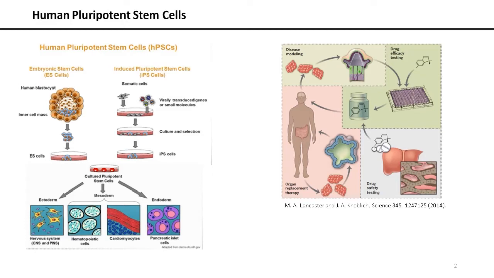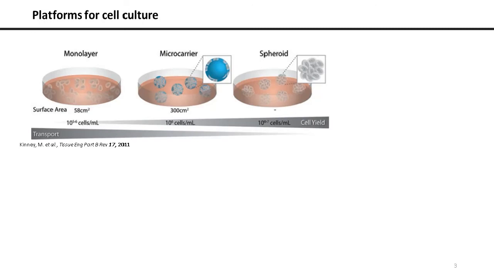However, in order to use these cells for any of these applications, we need to obtain large numbers of cells, and we also need to be able to differentiate them into pure populations. For that, we can use three main culture systems in the lab.